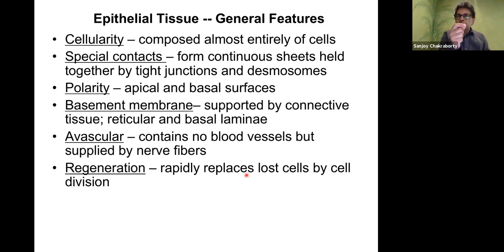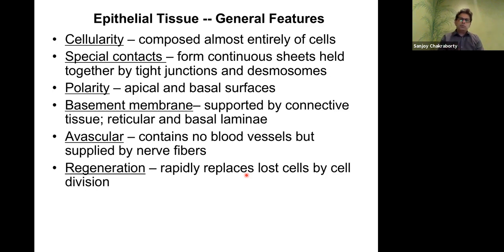We learned diffusion as movement of molecules from high concentration to low concentration. So from the connective tissue, from the lots of blood, oxygen and other nutrients will diffuse. And once they get proper nutrients, they can divide. That's why the bottom layer will have the most nutrients and will continuously divide. That's regeneration. These are the general features of epithelial tissue.